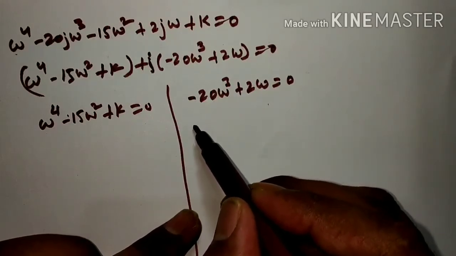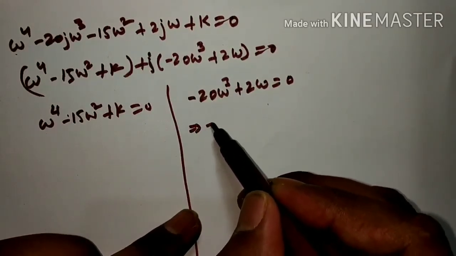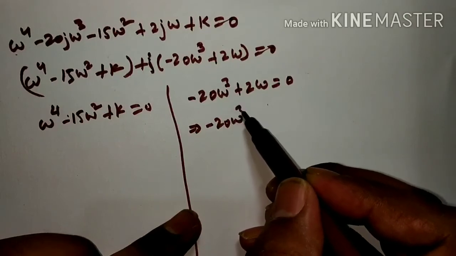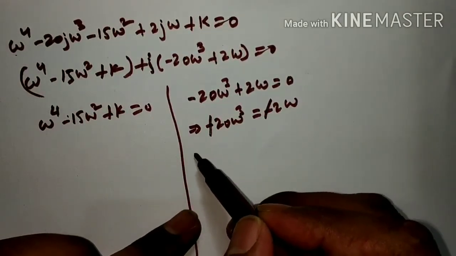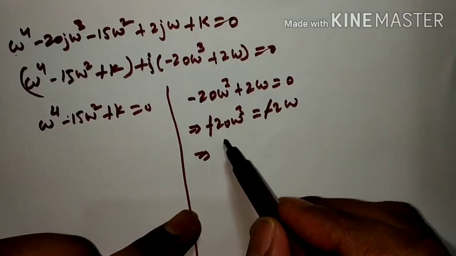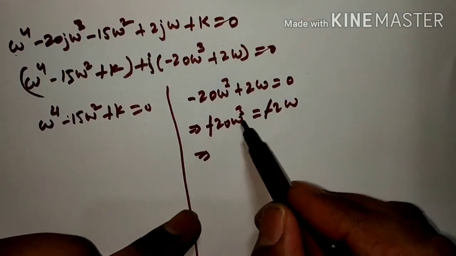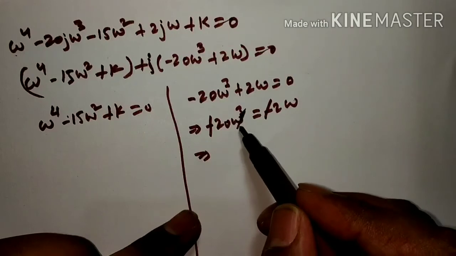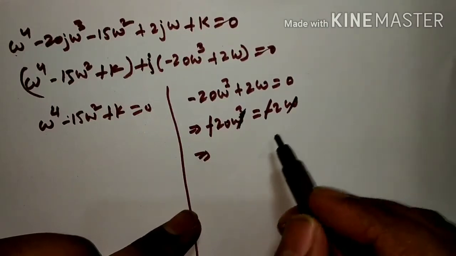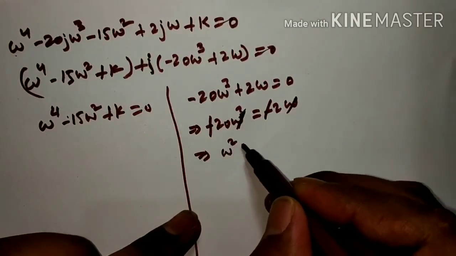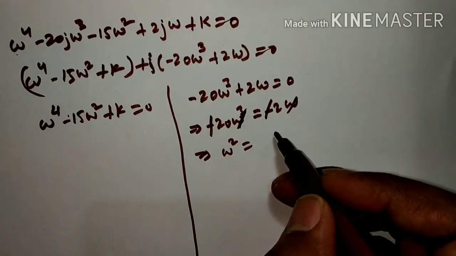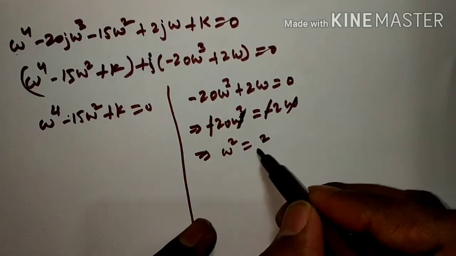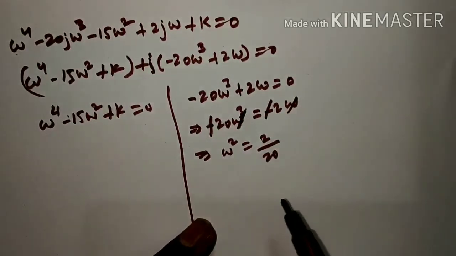From this equation, minus 20 omega^3 is equal to minus 2 omega. The minus signs cancel, and one omega cancels from omega^3, so omega^2 is equal to 2 by 20.